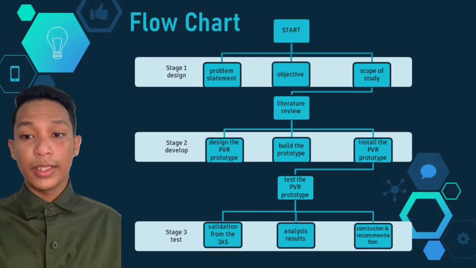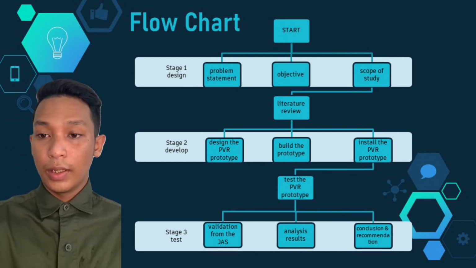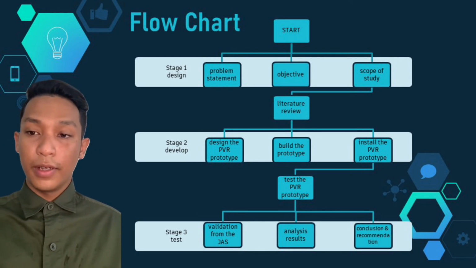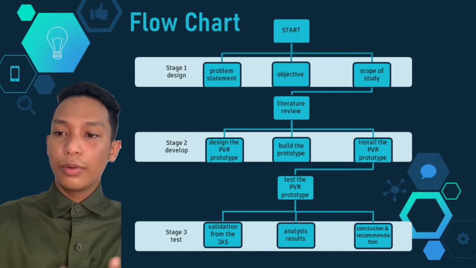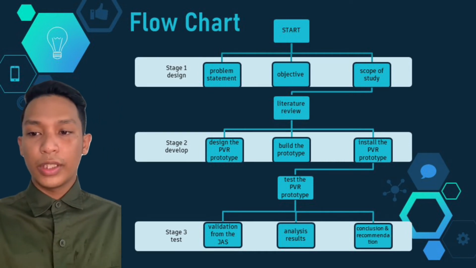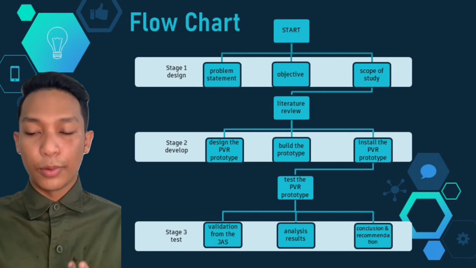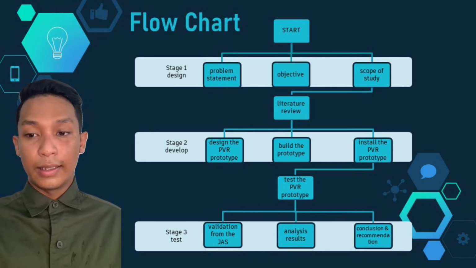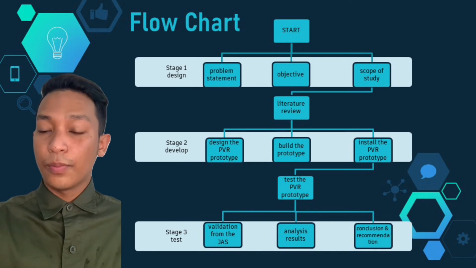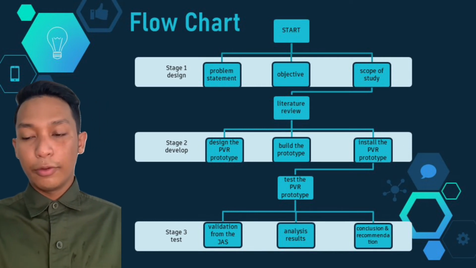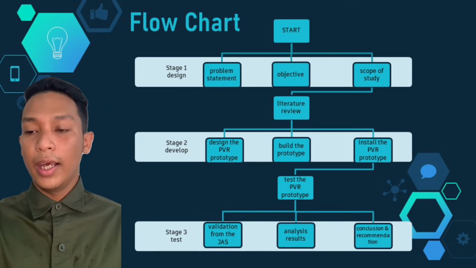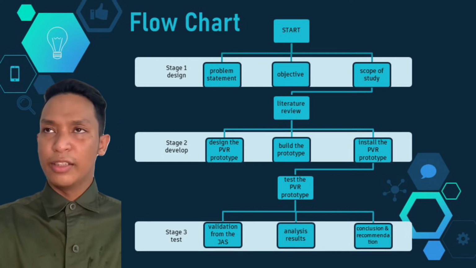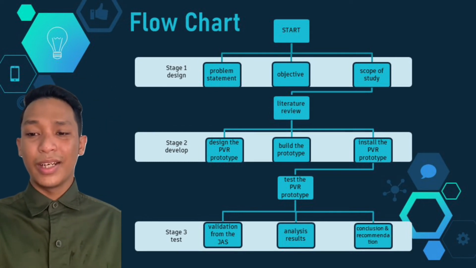Next, stage 2, which is develop: we design the PVR prototype, build the prototype, install the prototype, then test the prototype. On stage 3, which is test, we get the validation from the JAS and we get the analysis result, and we can make the conclusion and recommendation.